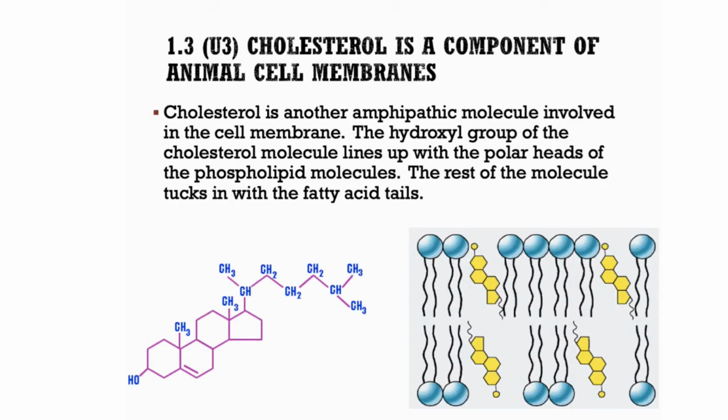It belongs to a group of substances called steroids. Most of the cholesterol molecule is hydrophobic, so it is attached to the hydrocarbon tails in the center of the membrane, but one end of the cholesterol is hydrophilic, and this is attracted to the phosphate heads. So the hydrophilic part is attached to the phosphate heads, and the hydrophobic part is attracted to the hydrocarbon tails.